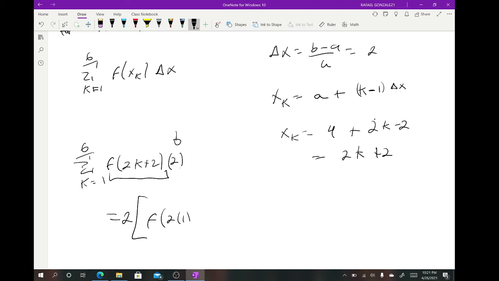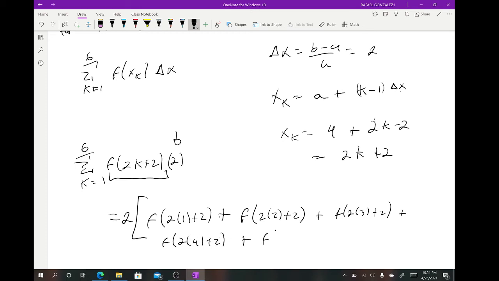So this is f of 2 times 1 plus 2 for the first term, plus f of 2 times 2 plus 2 for the second term, plus f of 2 times 3 plus 2, plus f of 2 times 4 plus 2, plus f of 2 times 5 plus 2, plus f of 2 times 6 plus 2.